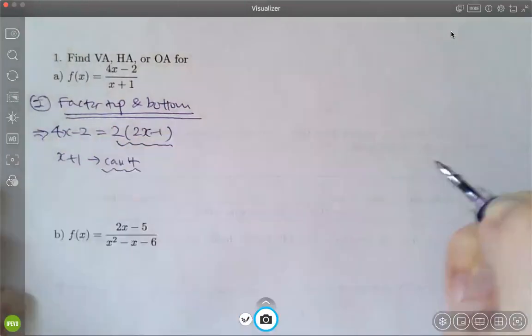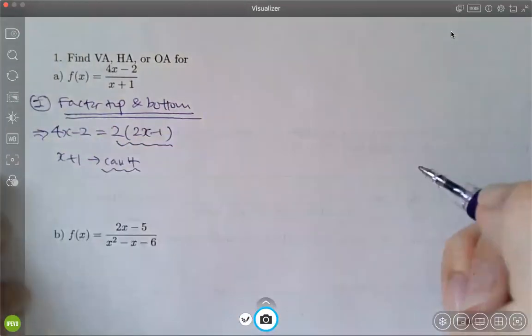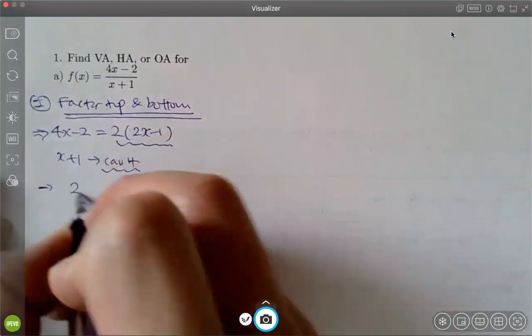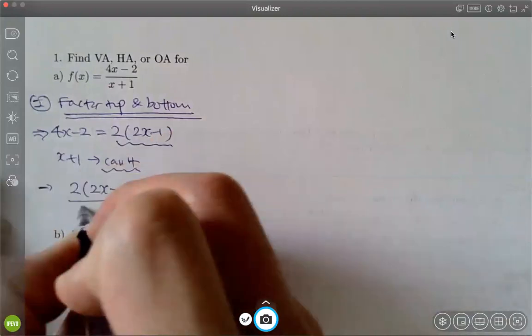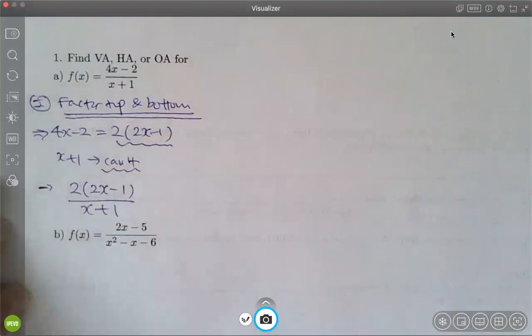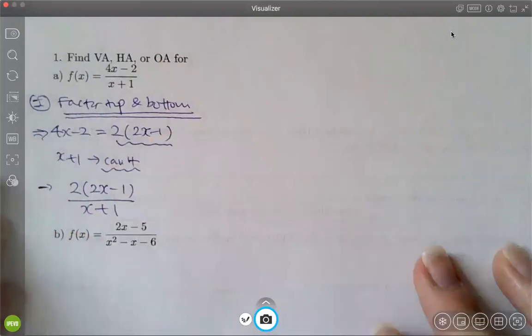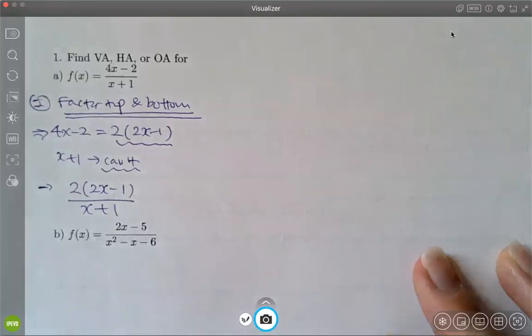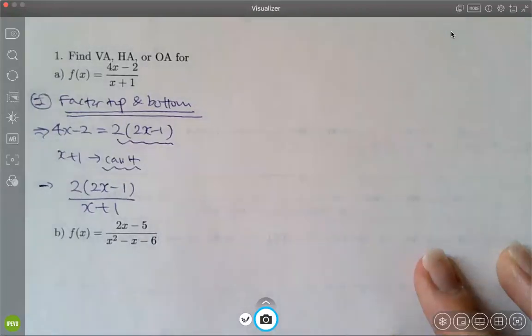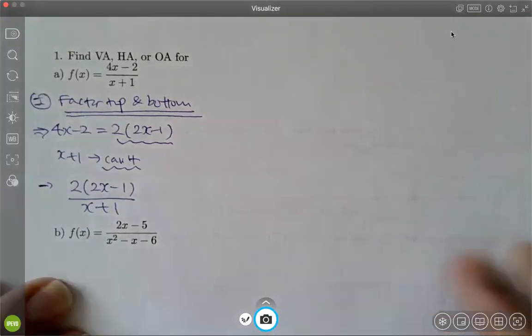So what does that mean? We have 2 times 2x minus 1 all over x plus 1. Is there any common factor between top and bottom? No, because we have 2 and 2x minus 1 for the top, but at the bottom we just have x plus 1. So there's no common factor. Nothing in common.